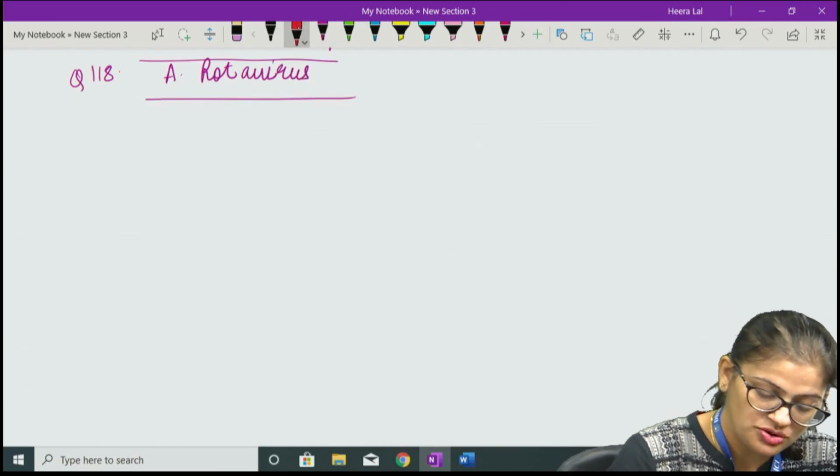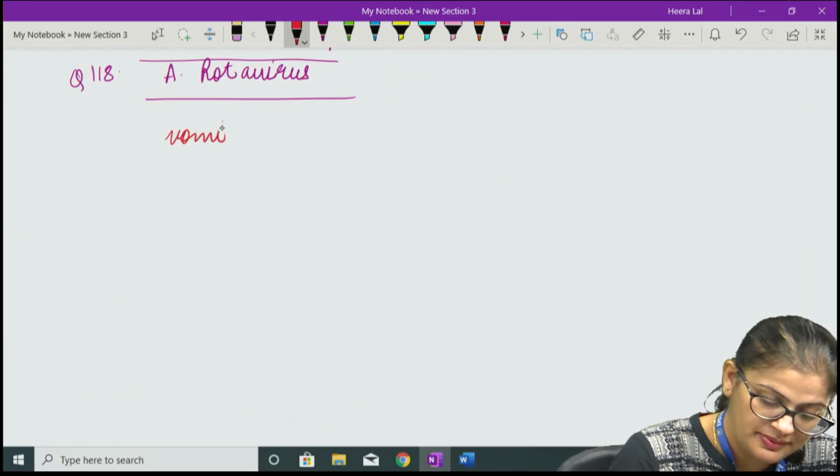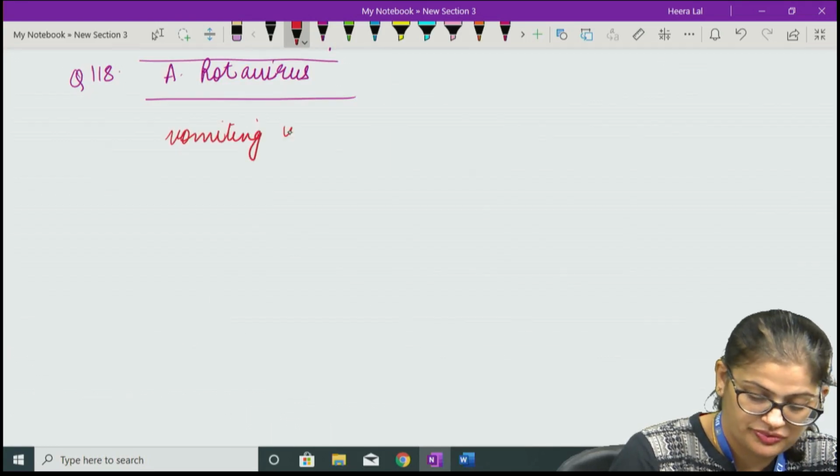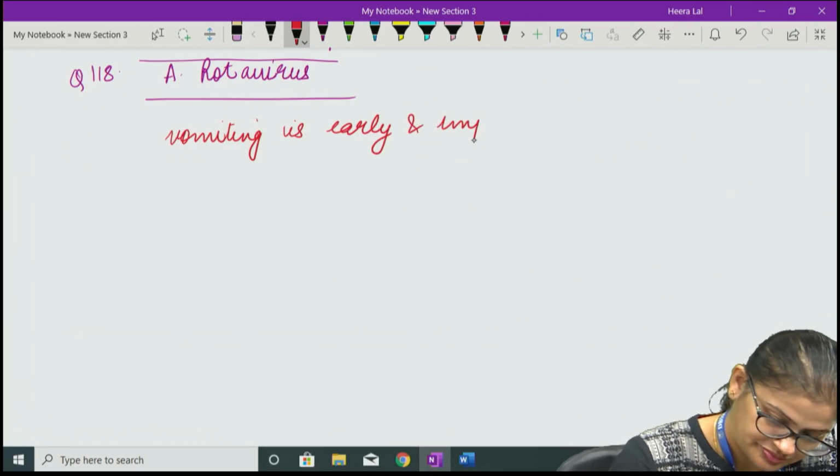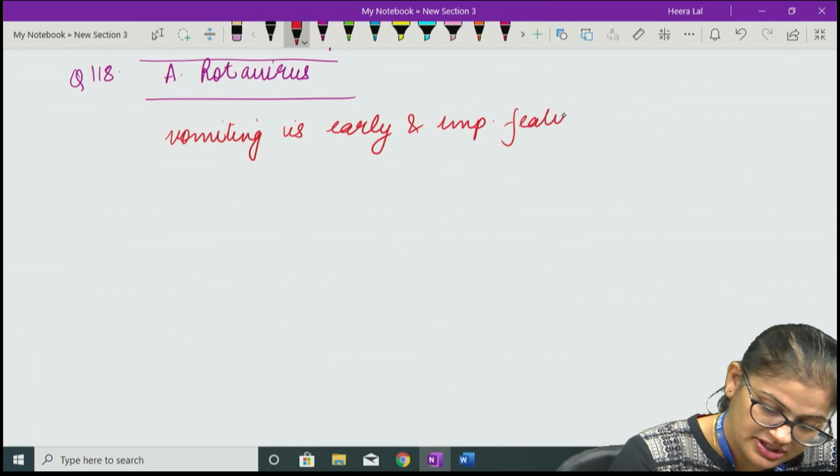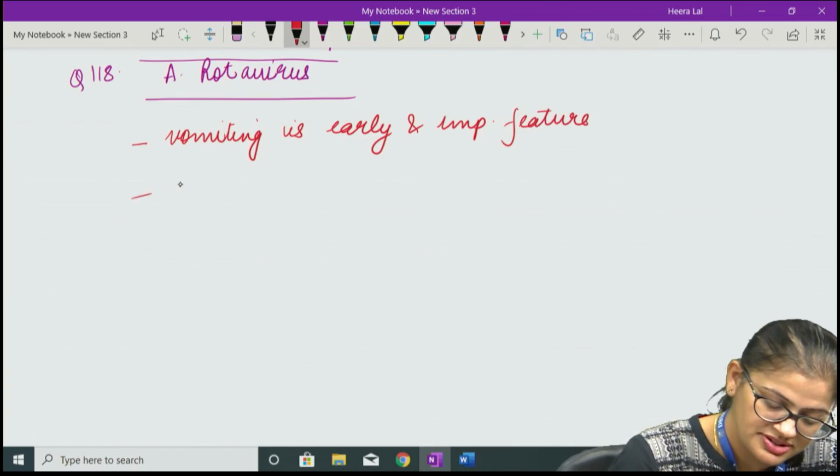So you should know that in rotavirus, vomiting is an early and an important feature. And the diarrhea in case of rotavirus is profuse, watery and voluminous.